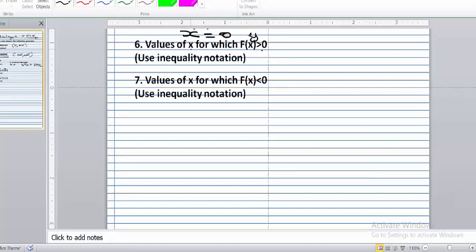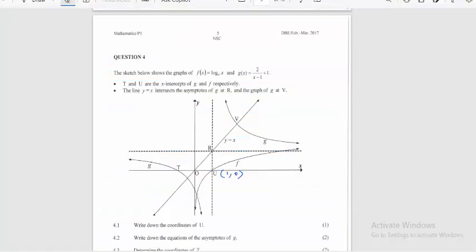So values of x for which f of x is greater than 0. Which values of x? Now let's go look at this. Which values of x when f of x, which is the y, is greater than 0? It's essentially telling us the values from this point here and above, right?